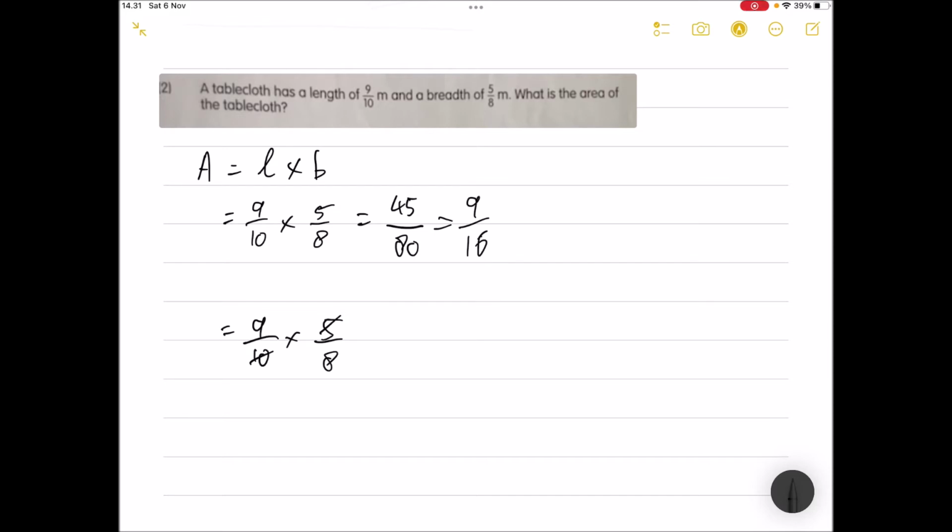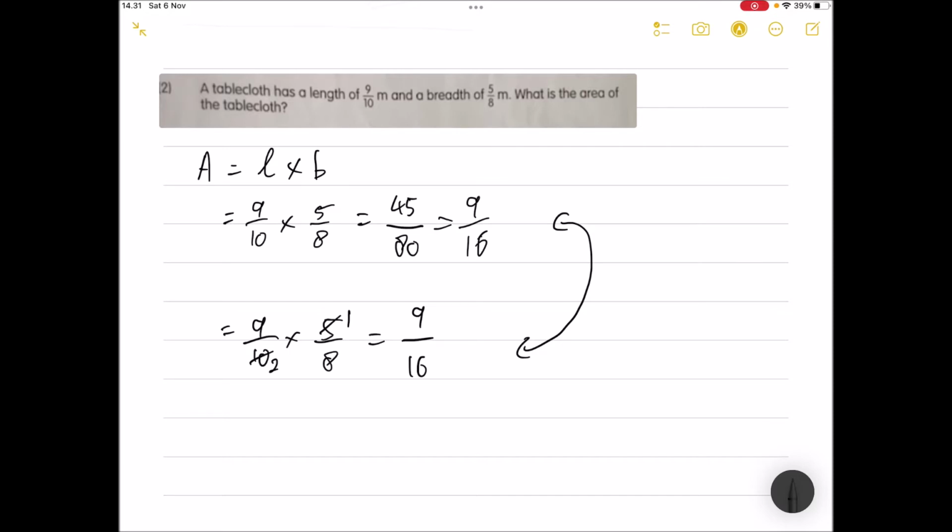We divide by 5, so 5 divided by 5 becomes 1, 10 divided by 5 becomes 2. Now with the same method, you multiply the numerators, 9 multiplied by 1 becomes 9, and you multiply the denominators, you get 16. So it's the same result. Every time you multiply, it's easier to cancel in the beginning, so you don't have to simplify it anymore.